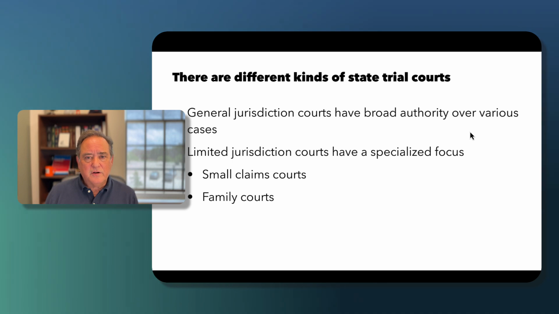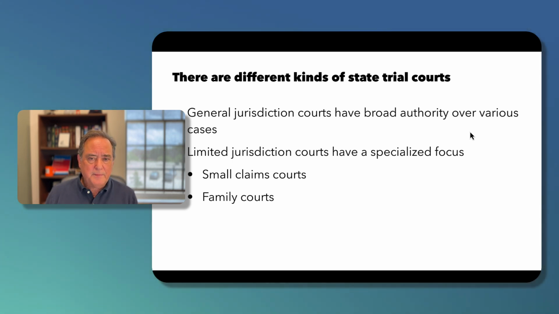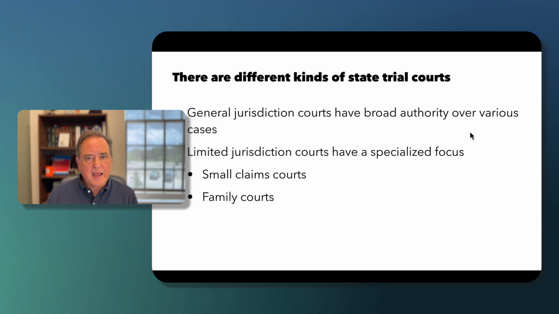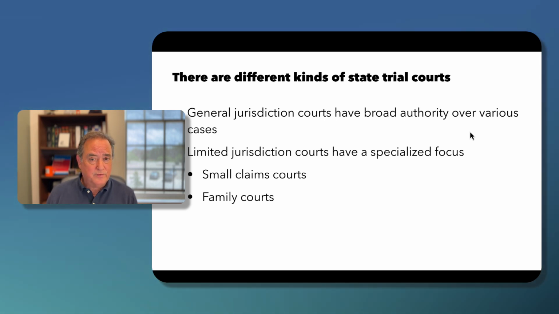Many courts are devoted only to family issues. So there are family law courts that will hear matters, usually divorce, but also things like adoption and other related family law matters, guardianship, family courts.